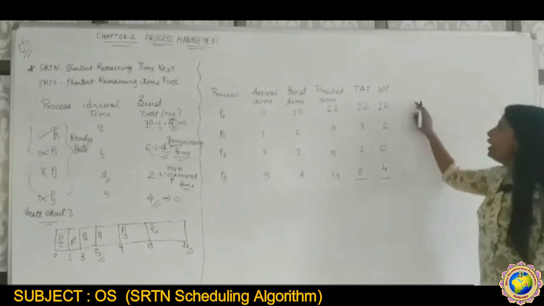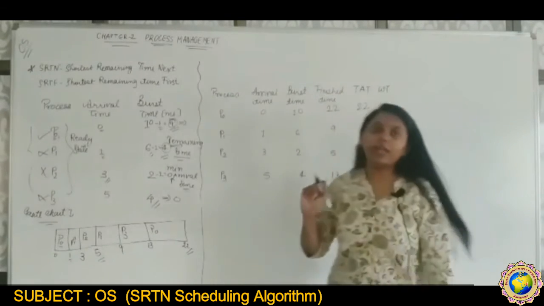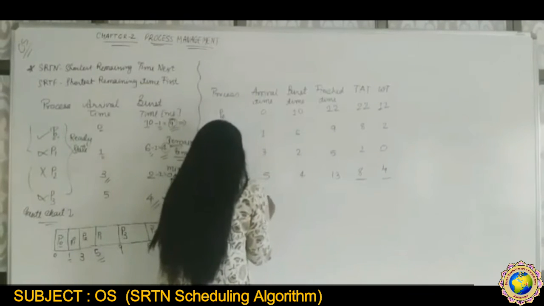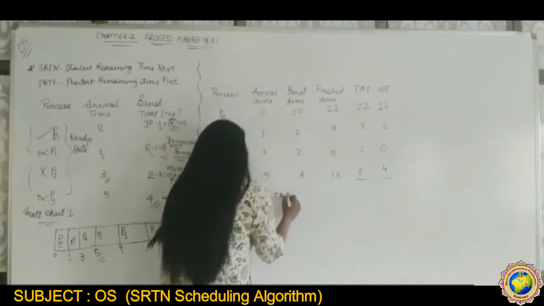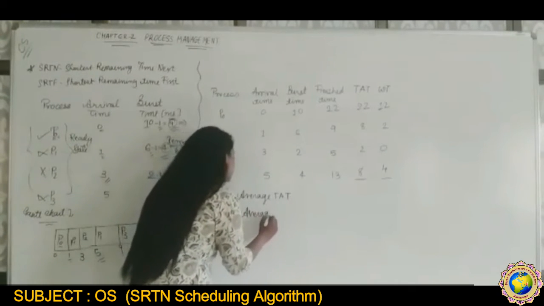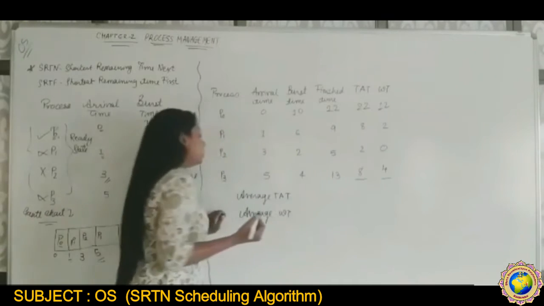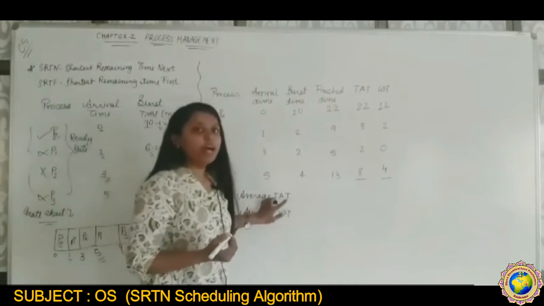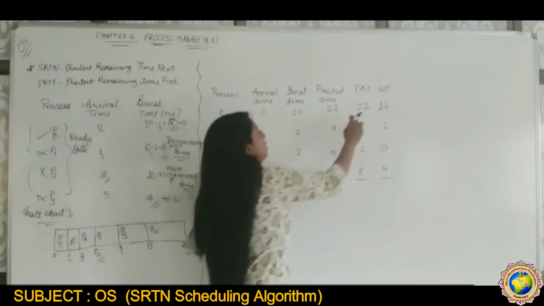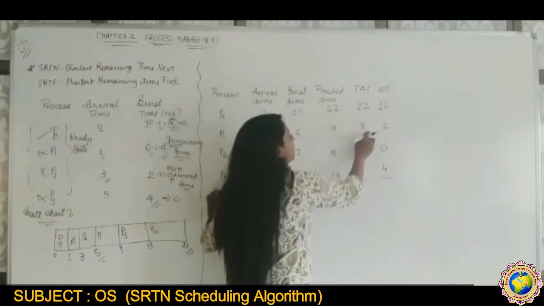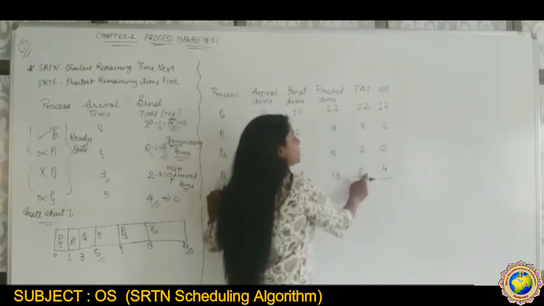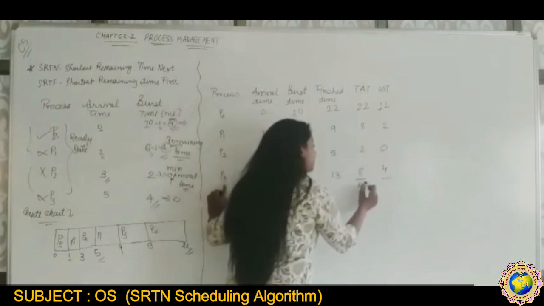Now we have to find out the average turnaround time and average waiting time. Average turnaround time equals 22 plus 8, 30, 30 plus 2, 32, plus 8, that will be 40.